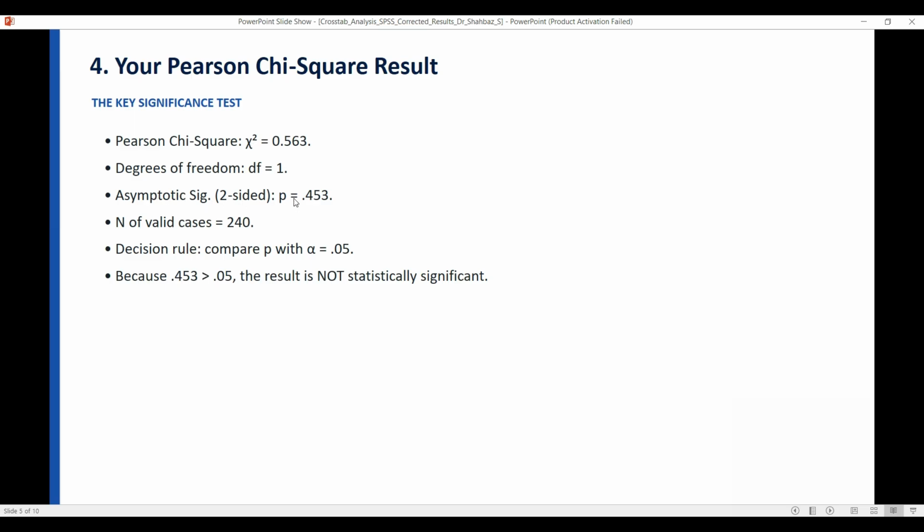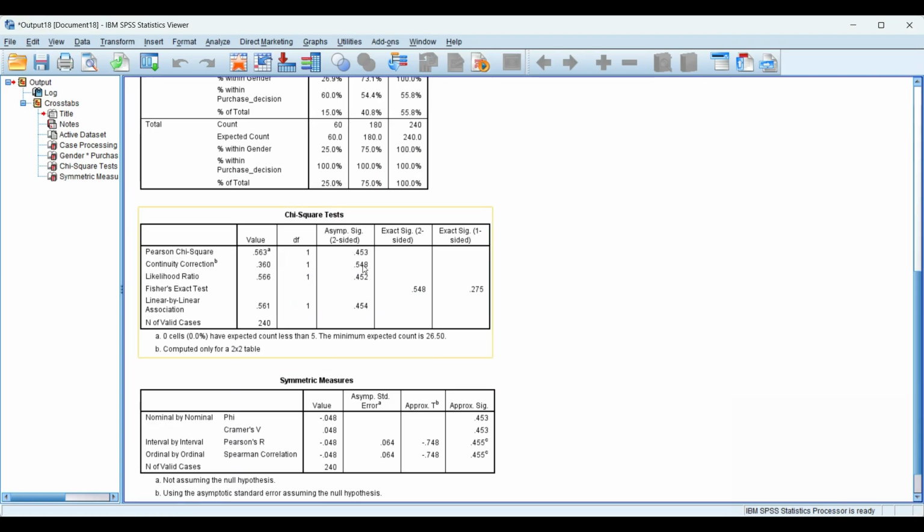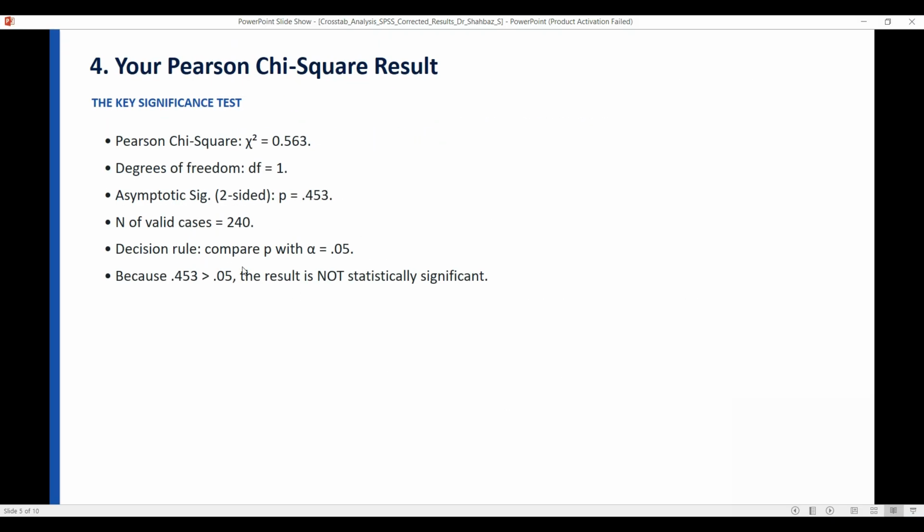You can see the asymptotic value is 0.453, which is not significant because we set the significance level at 0.05. So this value is higher than the significance level, which means there is no statistically significant difference.